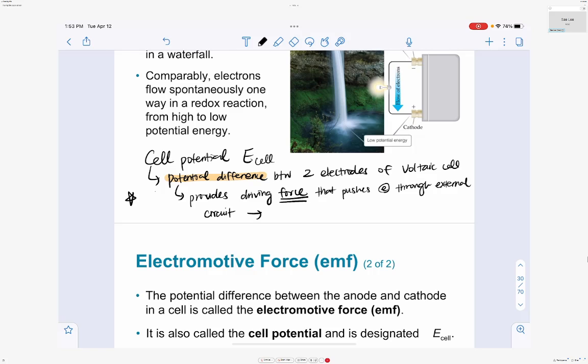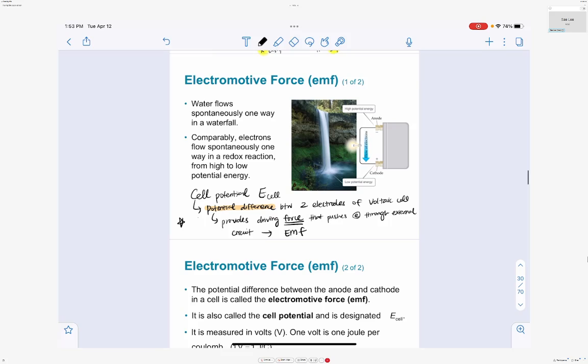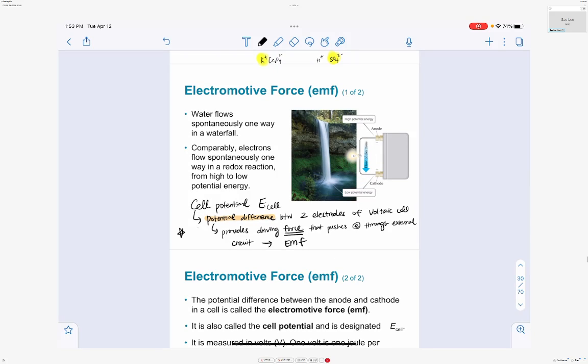Okay, this force is electromotive force, or EMF. Electromotive force is basically a force to push the electrons through the conductor. It's a force.